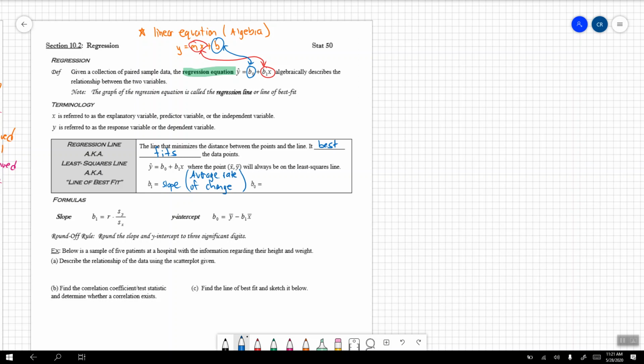Nice. Well, B naught, or B sub 0 here, that was this original value, this original constant from an algebra class, which means that this is just my y-intercept. Alright, so nothing too bad.